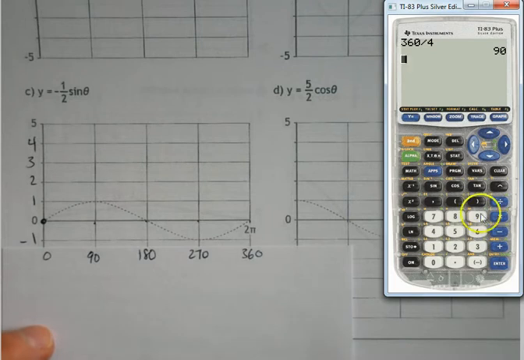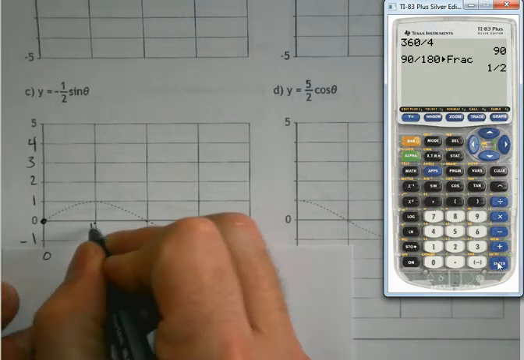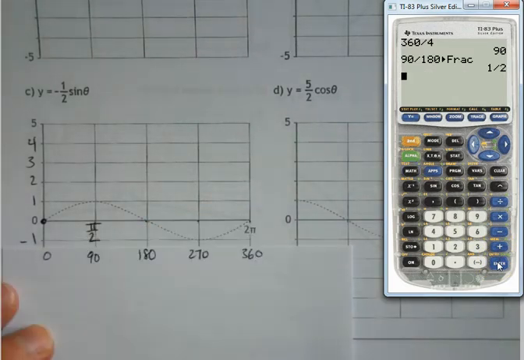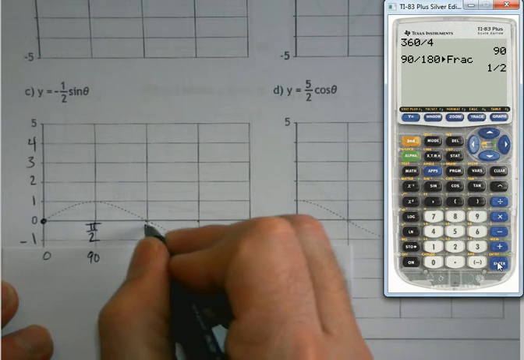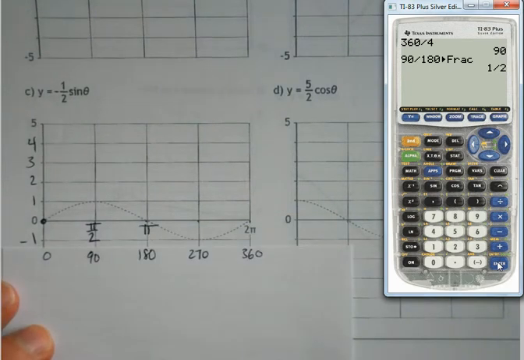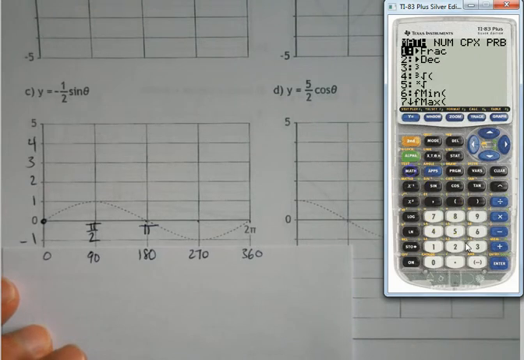I can take that particular degree value and divide it by 180 and put it into its simplest fraction form. So for instance, that'd be pi over 2. We know 180 is pi. And then we could do the same thing for 270. But again, it's always 180 that we're dividing by, because it's like converting degrees to radians. You multiply by pi over 180.